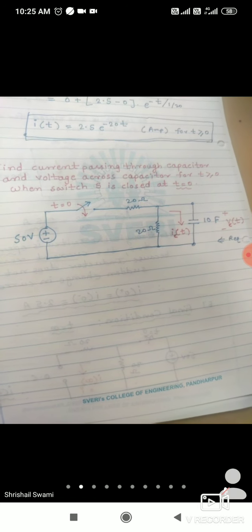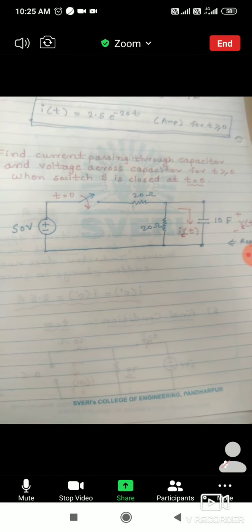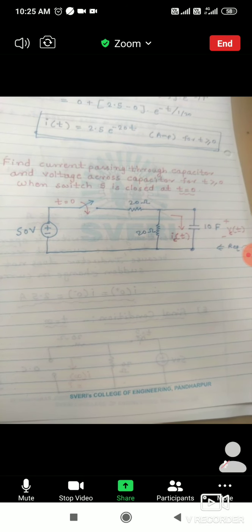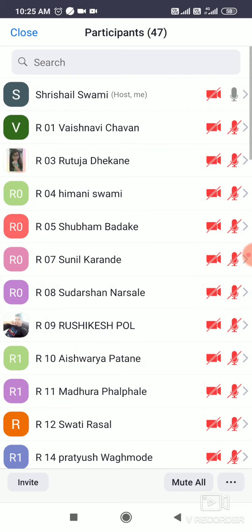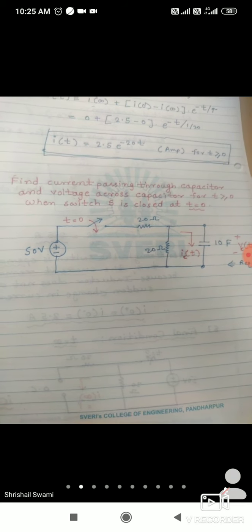You need to observe from the right hand side and measure from the opposite side. So the 20 ohm and 20 ohm, how are they connected? I am asking a simple question. Anyone? Series? No.